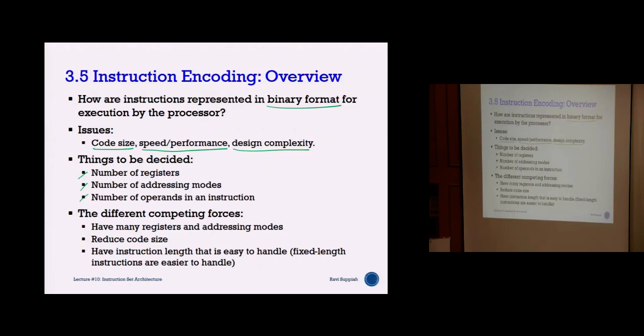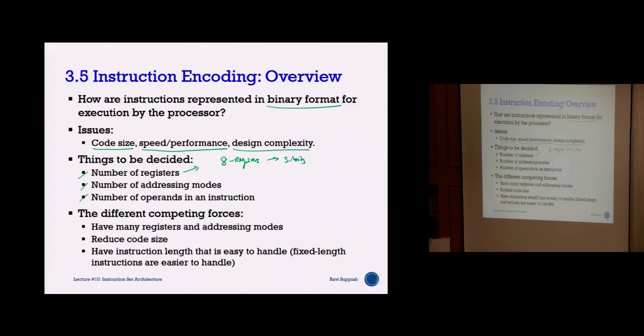You need to make some decisions, correct? How many registers do I need for this processor that I'm going to design? If I say I want 8 registers, how many bits must I have for my register field? I must have 3 bits, correct?